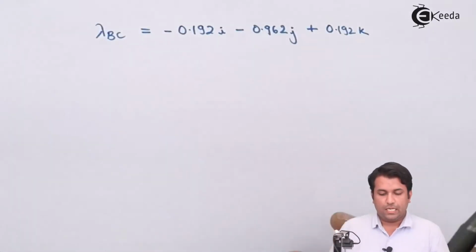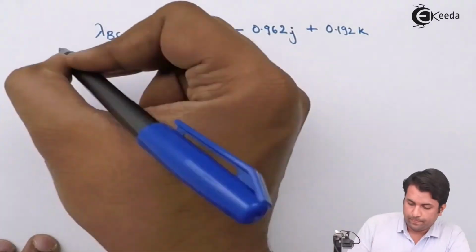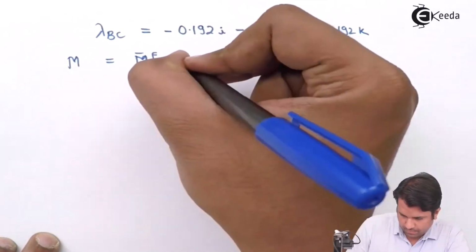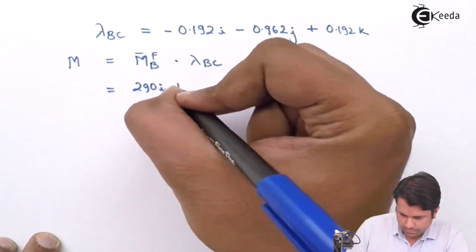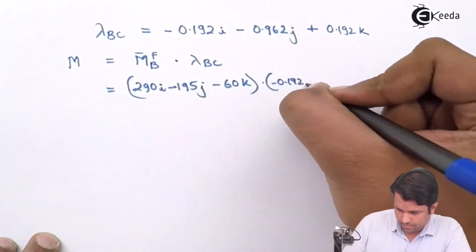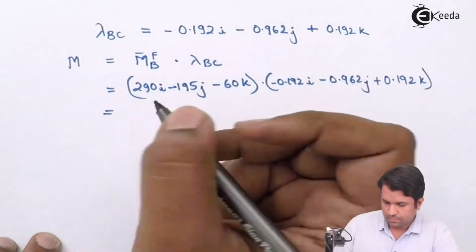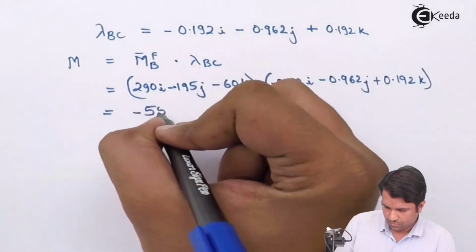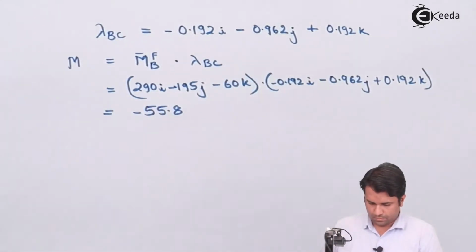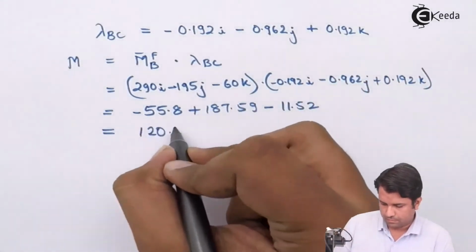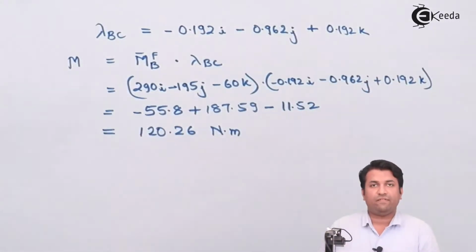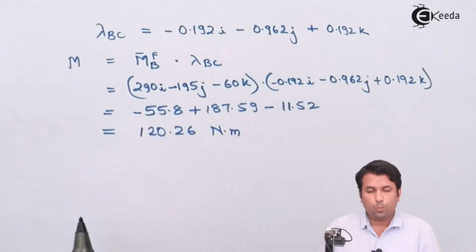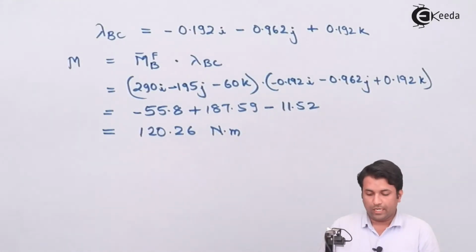So that will be the dot product. The magnitude that we have got happens to be 120.26 Newton meters.